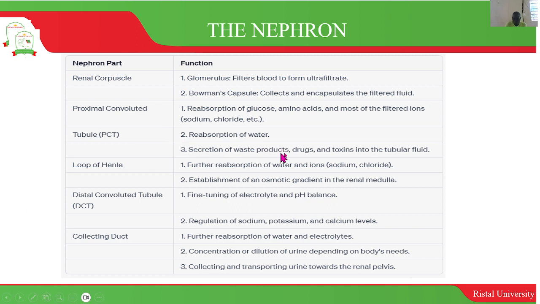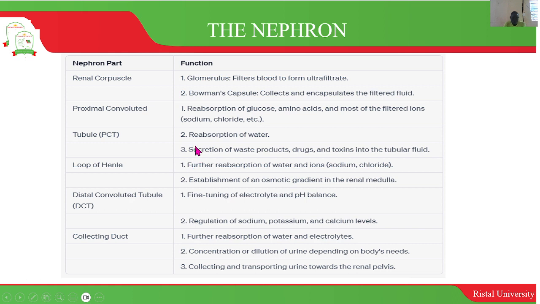And also secretion of waste products like drugs and toxins into the tubular fluid. So this is one of the parts where chemical or nitrogenous compounds or even drugs are also excreted. We know that when we take drugs, it is normally the kidney that deals with them in the excretory process. So some of this starts to happen at the distal part of the proximal convoluted tubule.